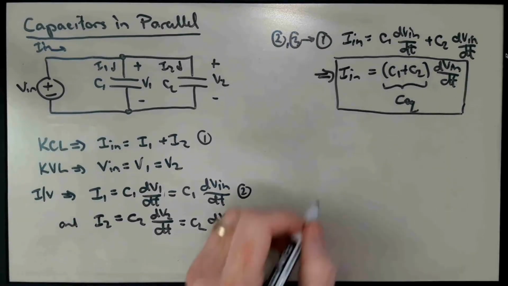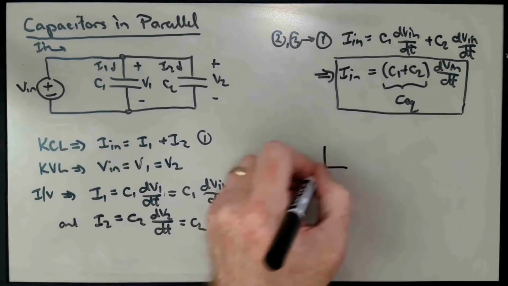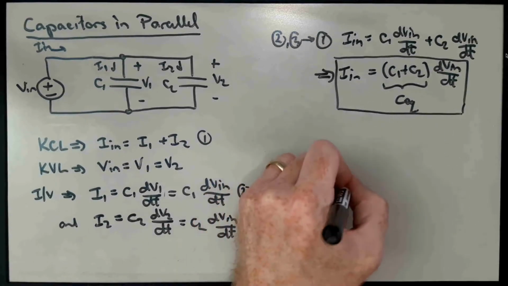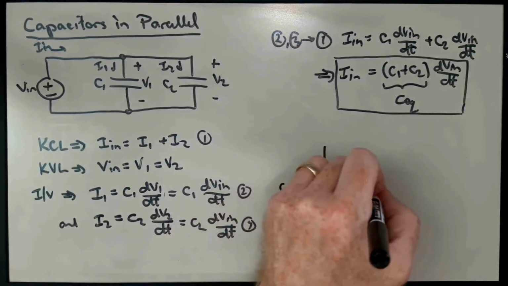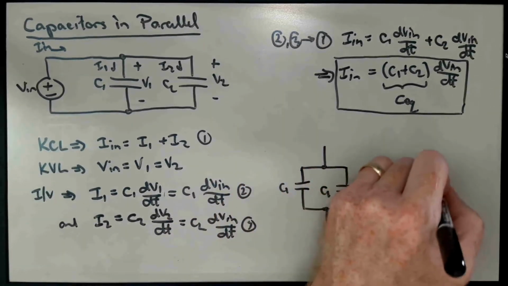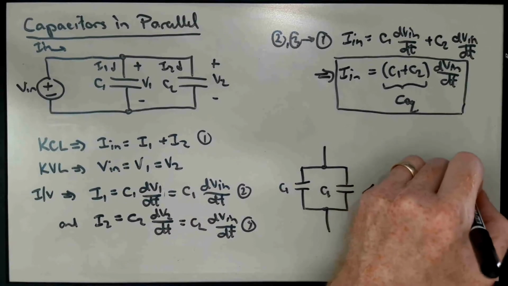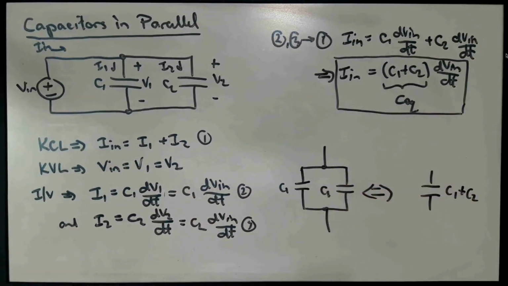And so just drawing that out, we've shown basically that two capacitances in parallel are equivalent to a single capacitor whose value is C1 plus C2. So capacitors connected in parallel add with each other in the same way that resistors in series do. So capacitors, in some sense, the capacitance is sort of more like conductance than it is like resistance. Right? That's what we're finding out with these equivalences.